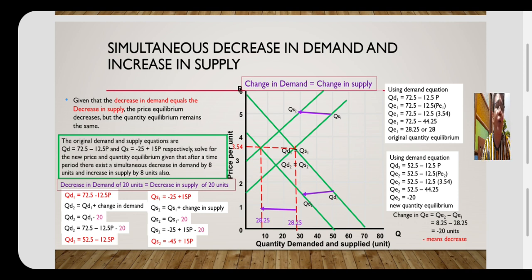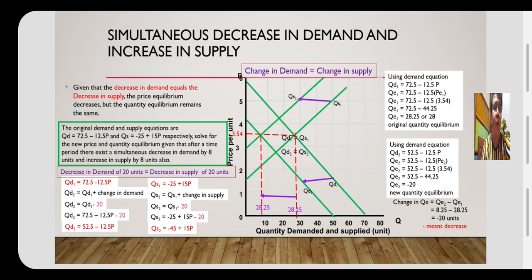So change the value of negative 20 as the value of the new quantity equilibrium to a value of 8.25. Okay? So that's how we can work it out.